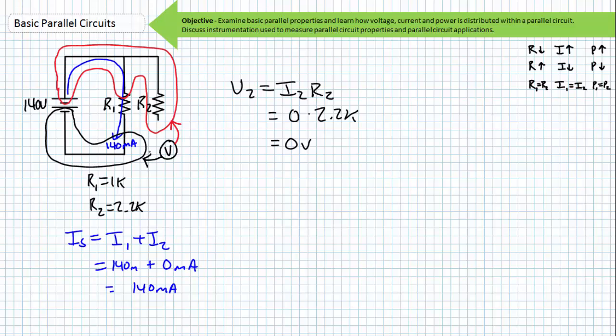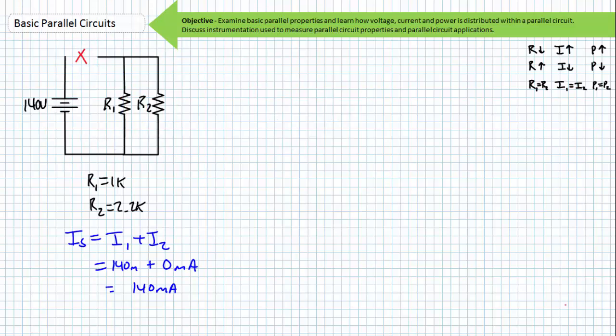Consider now an open in another place. What would happen if an open occurred between the source positive terminal and our parallel circuit? Or similarly, an open between the bottom node and the negative terminal of our source. This is no longer a single open element. In this case, this is an entirely open circuit.